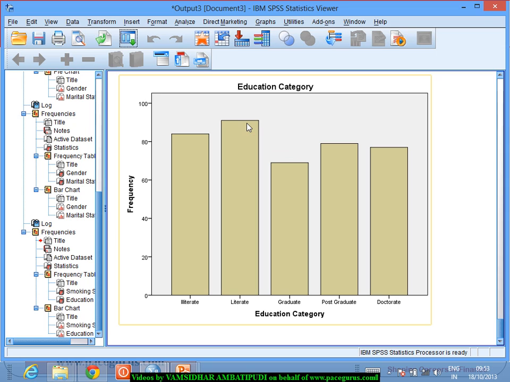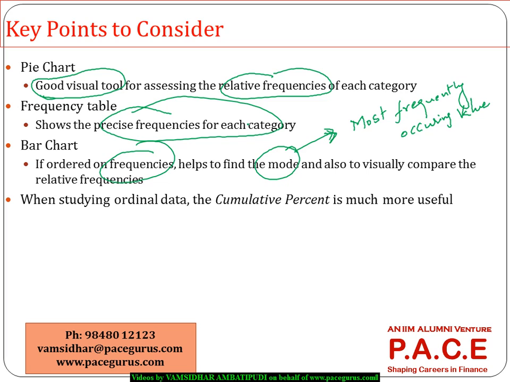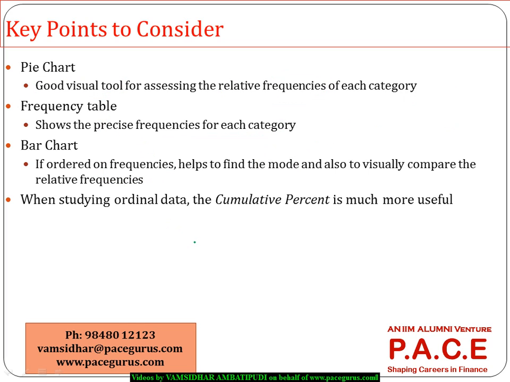So when it comes to nominal or ordinal data, when we are analyzing the individual variables, we are using the frequencies procedure of SPSS. Along with the frequency table, we are also going either with a bar chart or a pie chart to assess the relative frequency levels of each of the values, which will help us see whether any of the values are very rarely occurring or very frequently occurring.